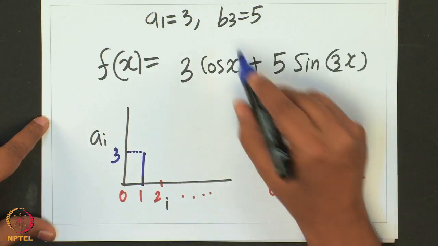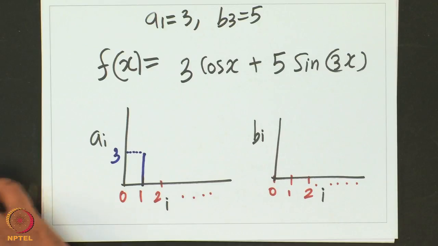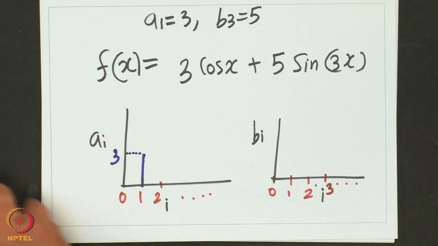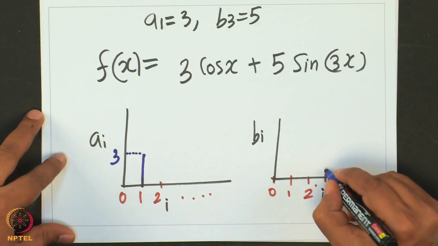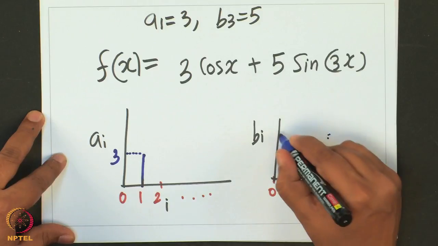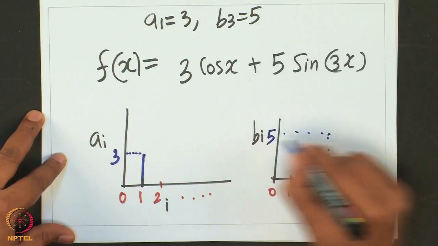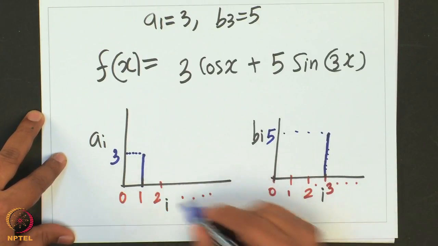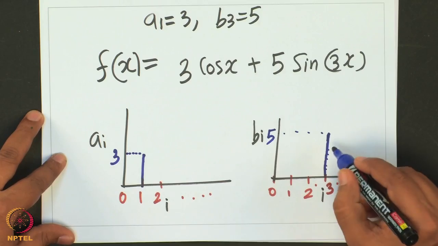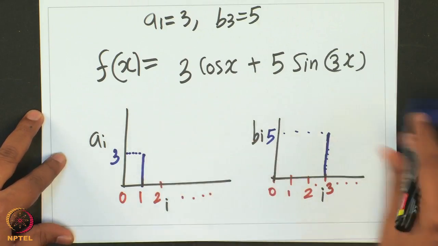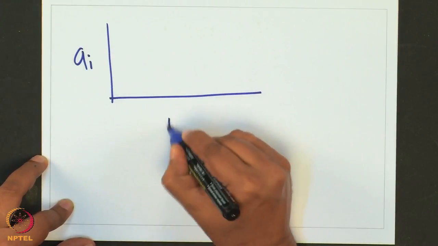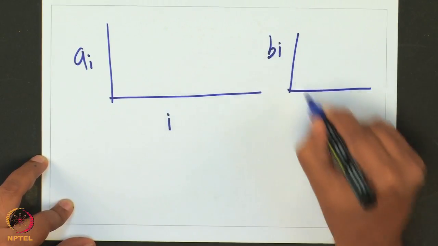Here, the next one is B3. B3 is here. This is my 3. So B3 is 5. So if I have these two peaks like this, essentially I have a graph which would specify Ai versus i and Bi versus i.